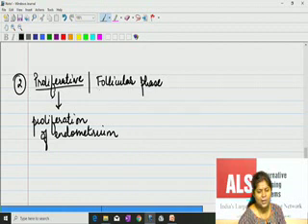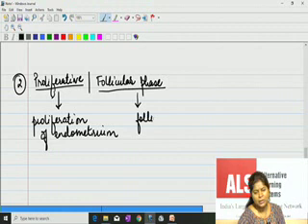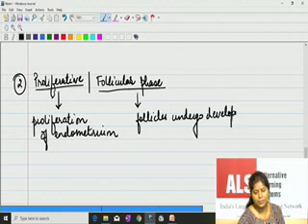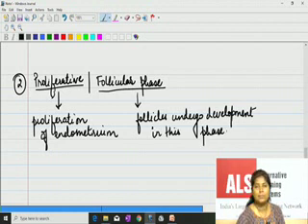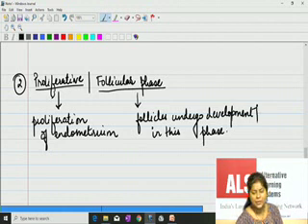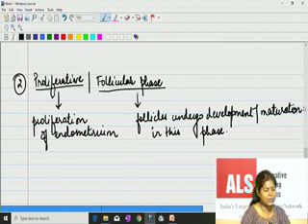It will be repaired. And it is said to be the follicular phase. Why? Because the follicles undergo development or maturation in this phase.